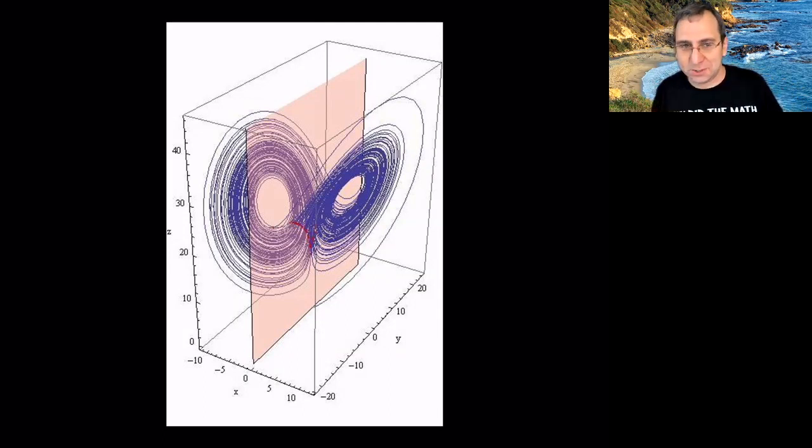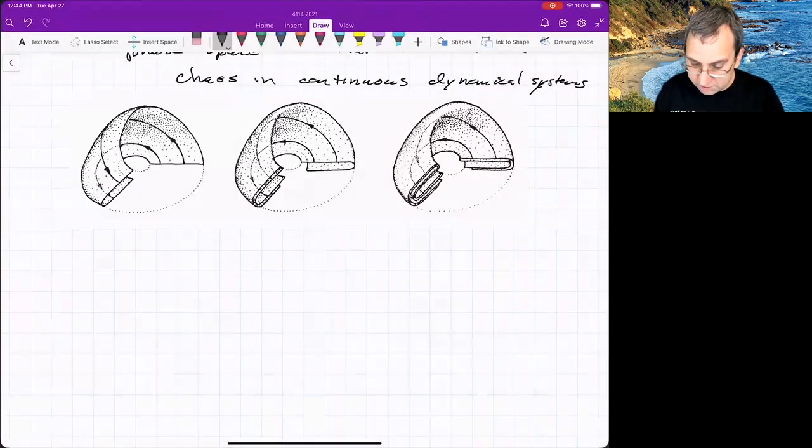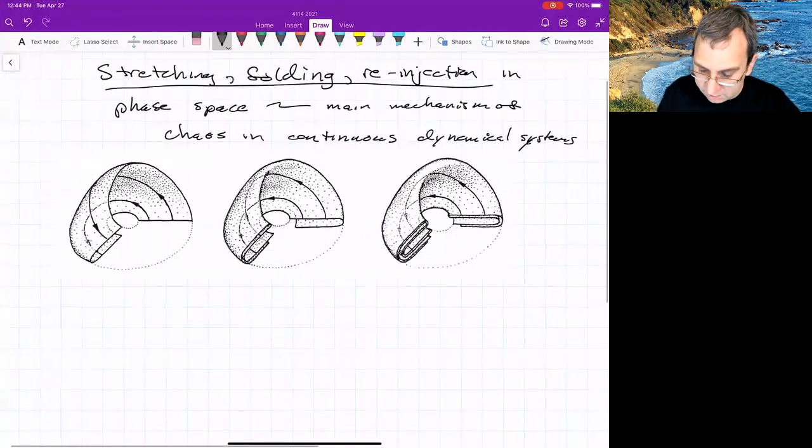So very difficult. Michel Hénon was at a talk where someone was talking about this numerical difficulty of resolving what the shape of the attractor looks like, that infinite complex of surfaces. So he came up with a map that had similar properties, but then he could see the infinite complex of surfaces. So we're going to talk about what Hénon did.